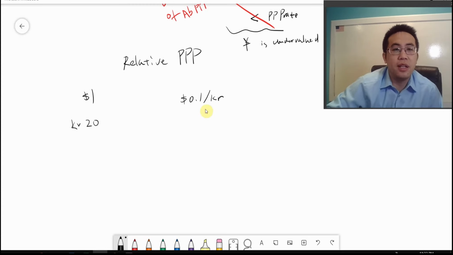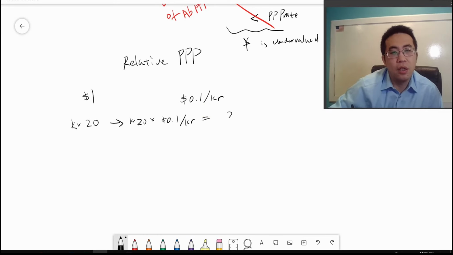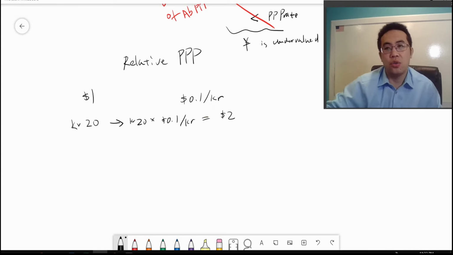So that basically means if you buy a burger in Norway, that is going to cost you $2. Okay, so if you convert this Norwegian price into a dollar price, so that's 20 krone multiplied by $0.01 per krone, it is going to be $2. So a burger costs $2 in Norway, but $1 in the United States.